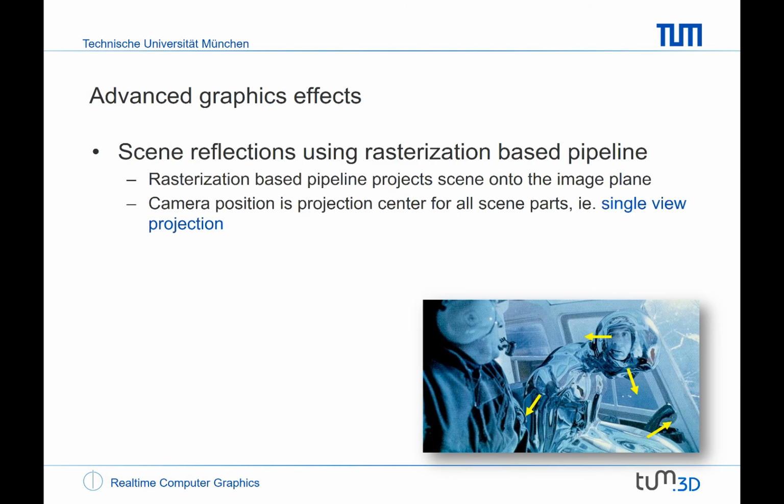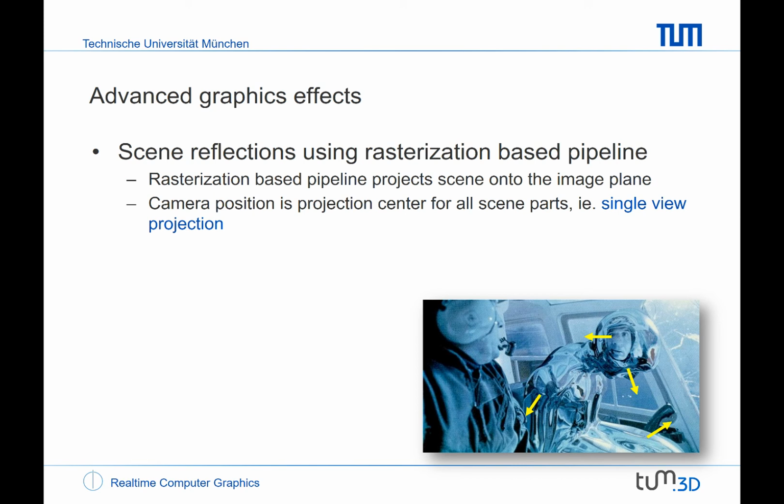Now, how can we simulate scene reflections using the rasterization-based rendering pipeline? We have learned that when we use the rasterization-based rendering pipeline, then we essentially project the scene polygons onto the image plane. And we have looked in particular at how the projection transformation that realizes this operation looks like.